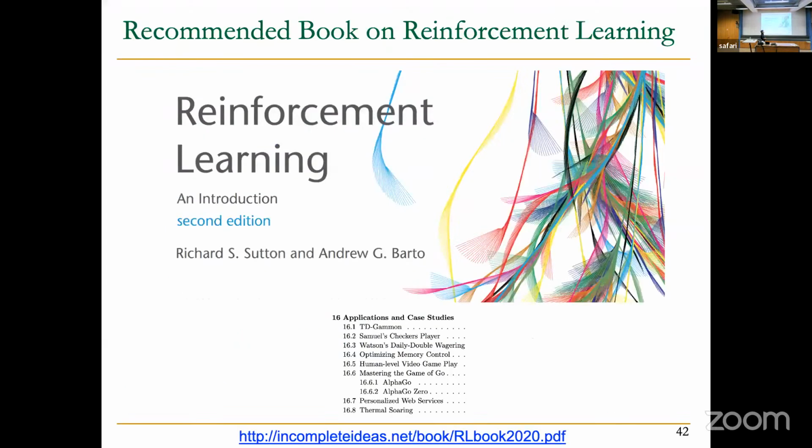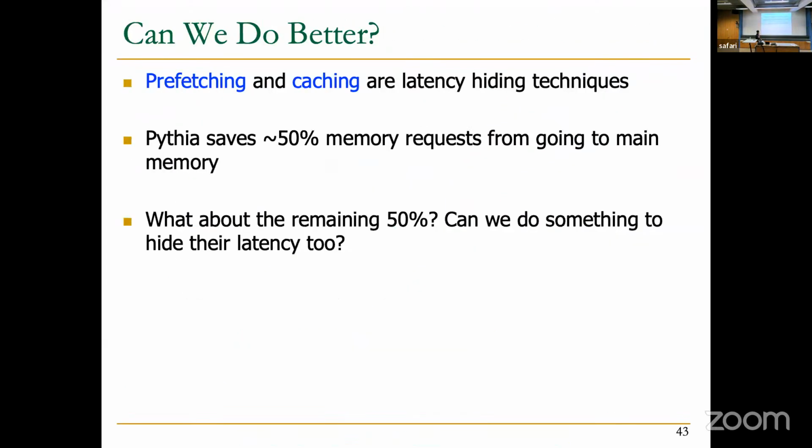Okay, so for the next work, we are going to divert a bit sideways. If you remember, yesterday we were talking about prefetching and caching and these policies, latency hiding techniques, latency tolerant techniques, and so on. We discussed that prefetching and caching are latency hiding techniques, right?